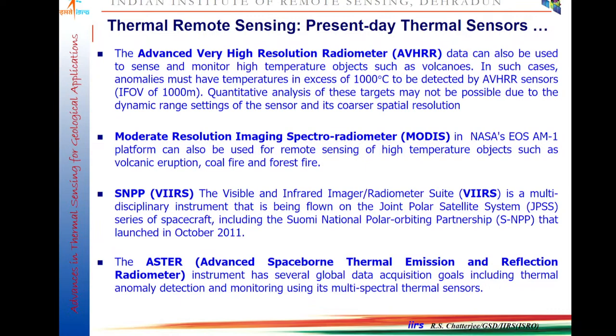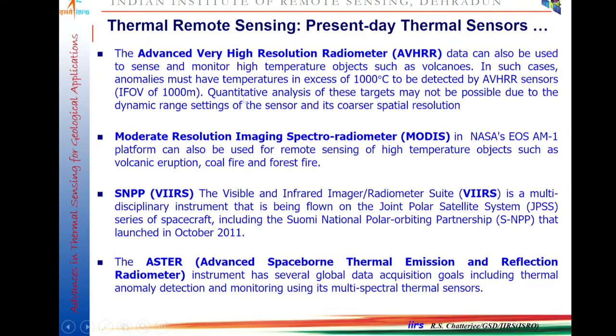This data is available for decades, but the problem here is that the spatial resolution is coarse. It is almost 1 kilometer instantaneous field of view, IFOV, 1 kilometer. There is another problem here. These anomalies must have temperature in excess of 1000 degrees. Why? Because the data can also be used to sense and monitor high temperature objects such as volcanoes.